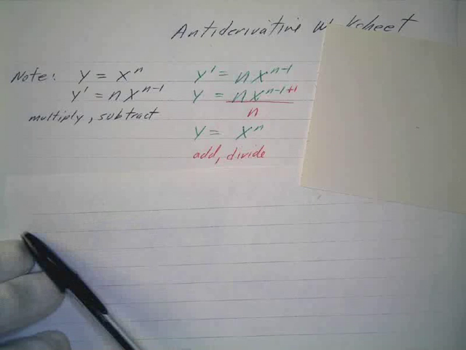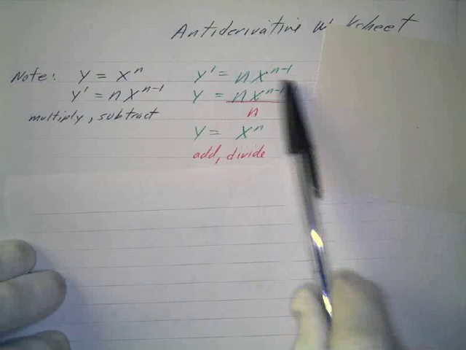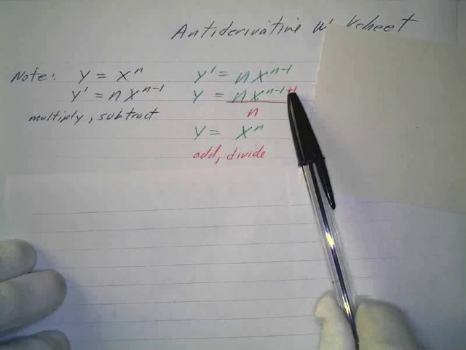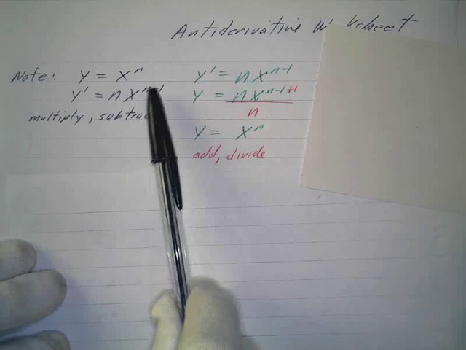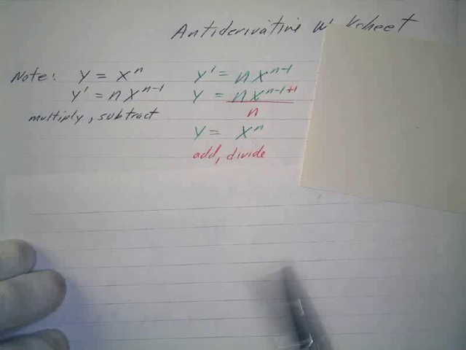Then it's going to kind of undo what we did, and you can see how that works. So I would add and divide by the new exponent. So add 1 to the old exponent and then divide by the new exponent, just like we multiply by the old exponent and subtract 1 to make the new exponent.